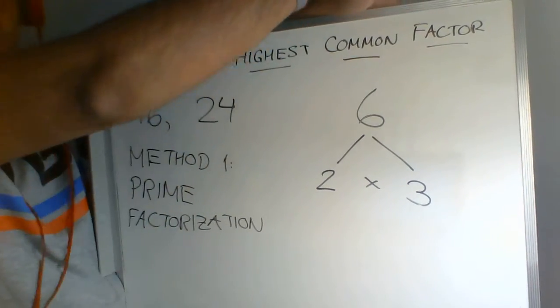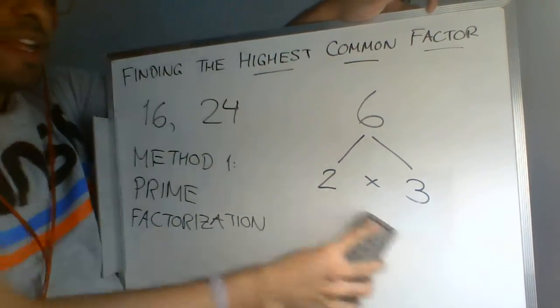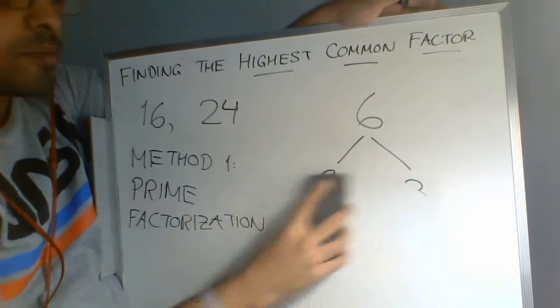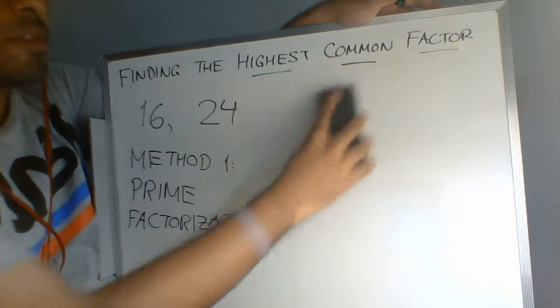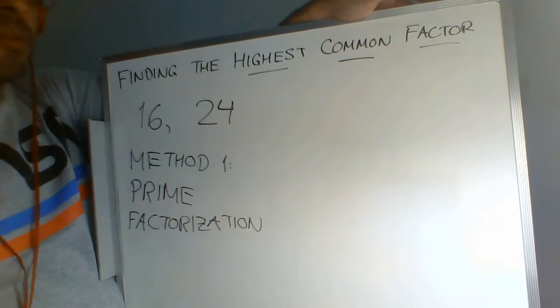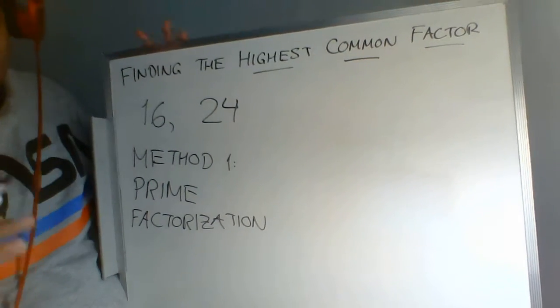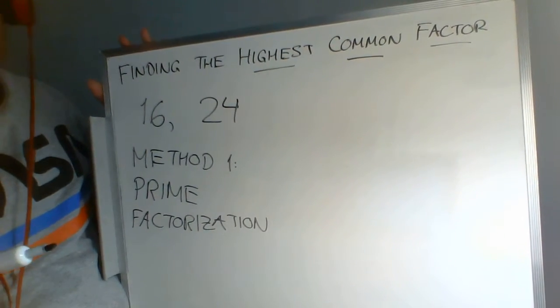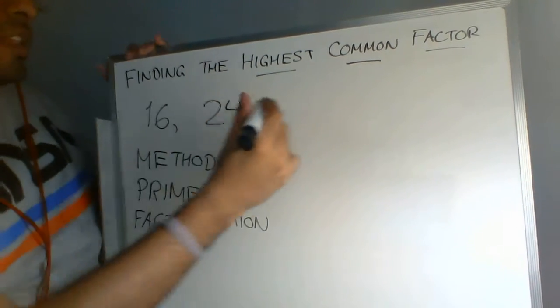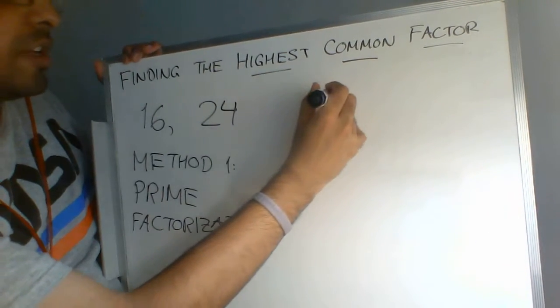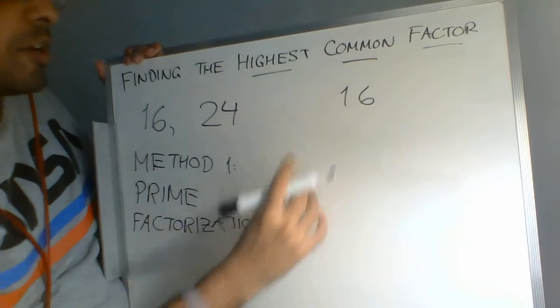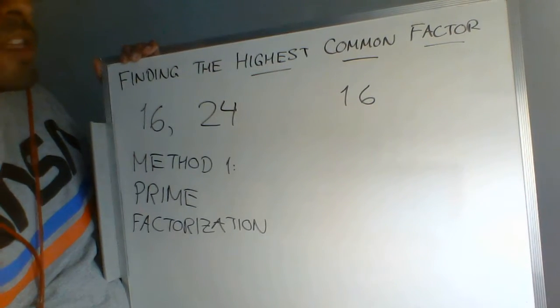But basically we're going to make those factor trees for 16 and for 24. So the first part of the process is exactly the same as it was for lowest common multiple, and then we're going to go after that and change things up a smidge. So let's start by making the factor tree for the number 16. So we start with 16, and you can break this up any way you like.